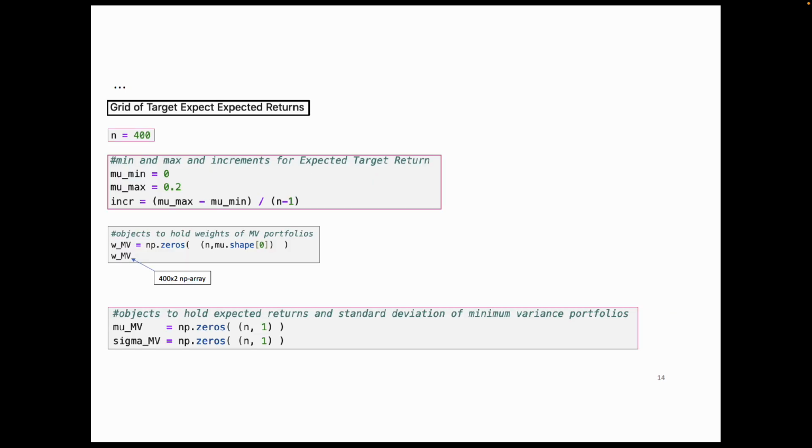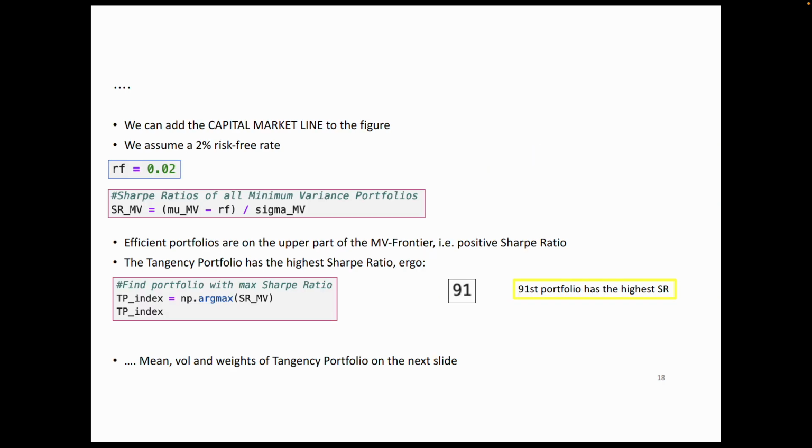So I compute directly an annualized Sharpe ratio. I take the mu MV minus RF over sigma MV. So to the question of the student from a while ago, you see here I have an array minus a scalar, which is fine, and then I simply divide also by an array.